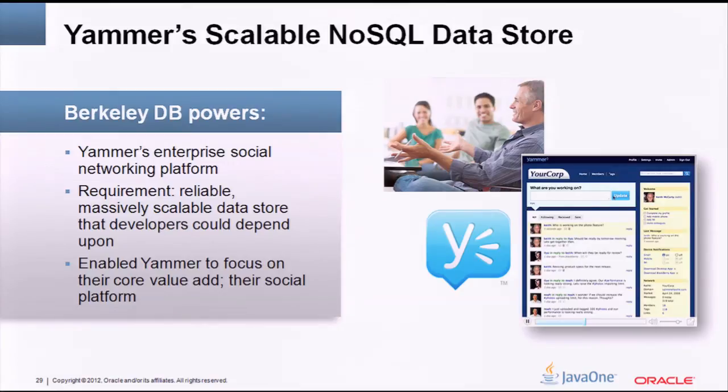I forget which one, but they ended up switching to Berkeley DB to power their enterprise social networking platform. And the reasons they did that were what I've already mentioned, the scalability and also the stability. And it allowed them to focus on their core value add, which was this enterprise social networking platform, which Microsoft found to be quite valuable, to the tune of over $1 billion.